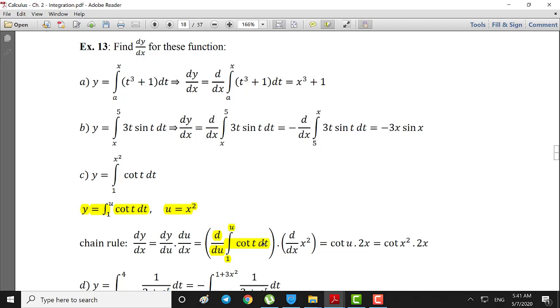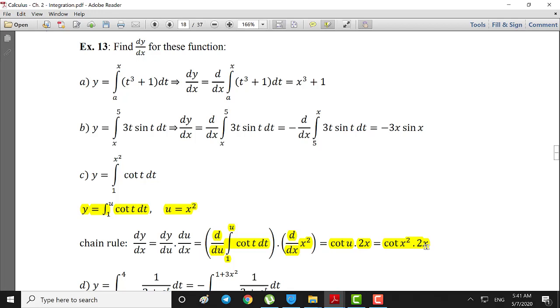So this part, the first parenthesis, is equal to cotangent of u. Now, the second part also, we said that it is equal to 2x, right? Now, the final result of our derivative is cotangent of u times 2x, or cotangent of x² times 2x.